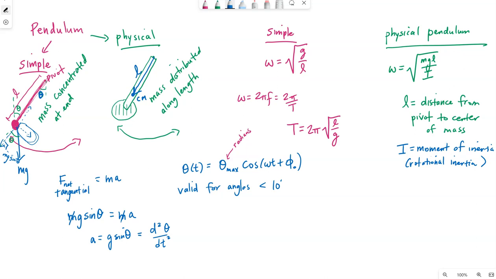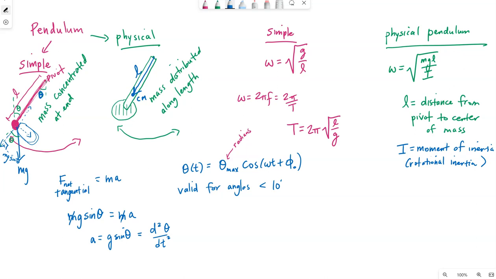The moment of inertia relates to how easy or hard it may be to change the rotation of an object. The larger I is, the more torque, the more energy needed to change the rotation of the object.